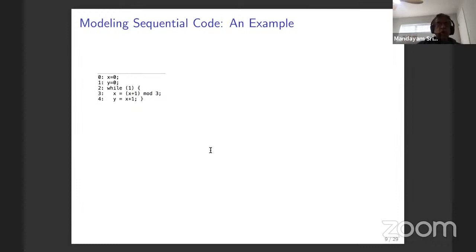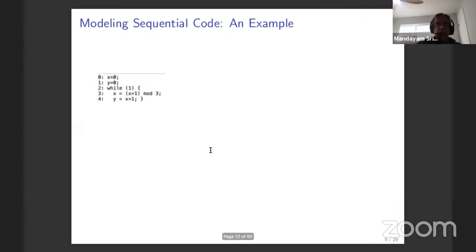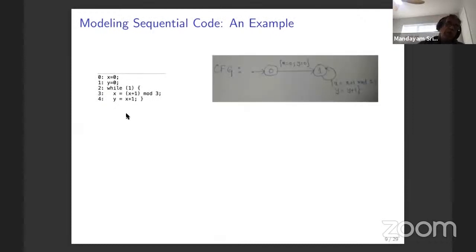Okay, so first I will take this example. This is a piece of code, a syntactic representation. You've heard of control flow graphs as a representation for programs, flowcharts, haven't you?